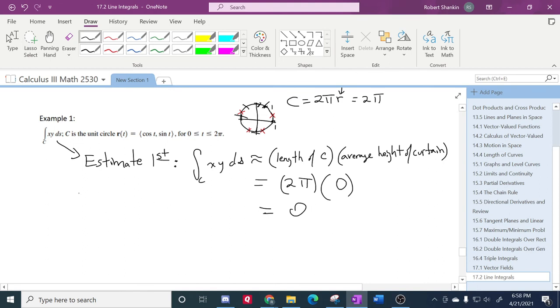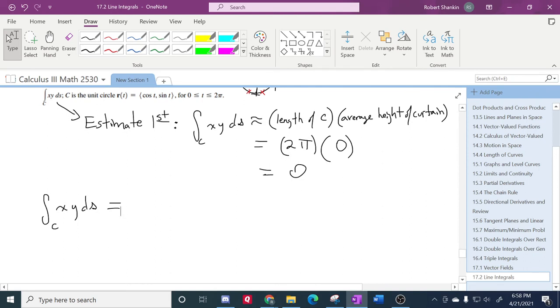All right, so now let's compute this integral. To do this integral, we do all our replacements. The x is already told what to replace it with: cosine t.